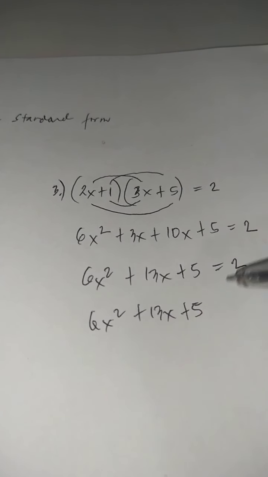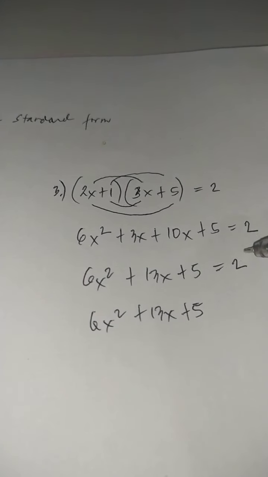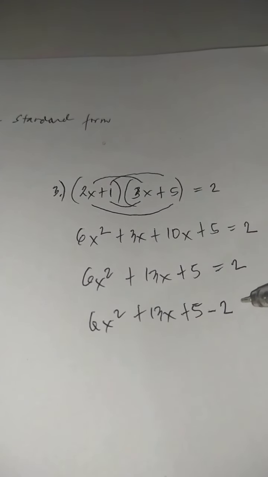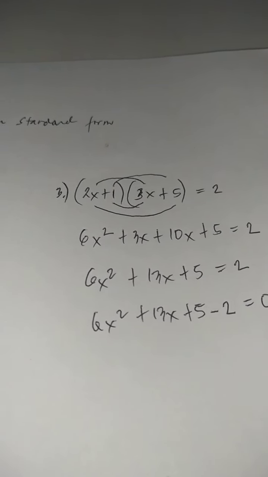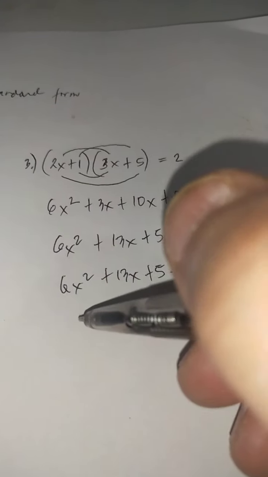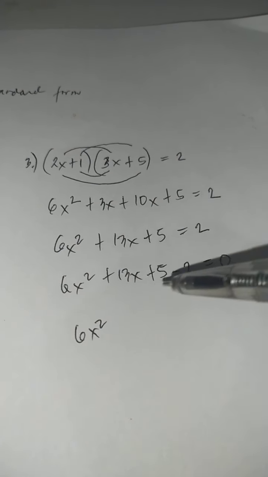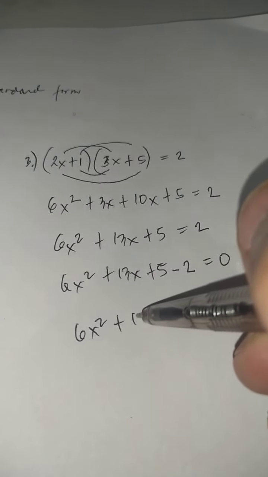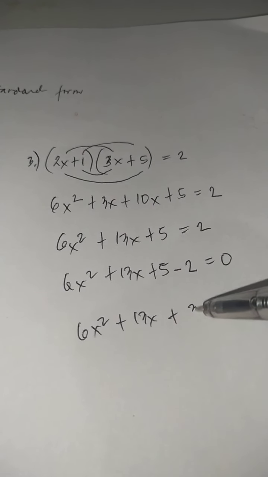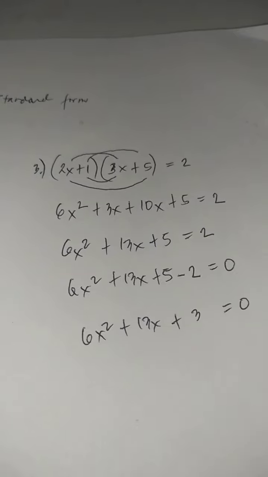By addition property of equality, writing positive 2 to the left side of the equation, it will become negative 2 equals 0. Then we have 6x squared plus 13x. 5 minus 2 is positive 3 equals 0.